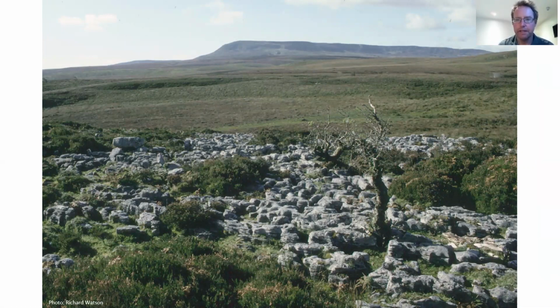And you can see some quite nice limestone pavement in this photograph here. The rainfall from the upper slopes forms rivers and streams that drain off those slopes and onto the lower slopes where they sink into caves and cave systems, emerging at the edge of the escarpment in springs.